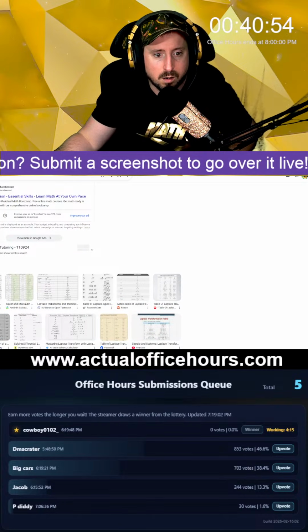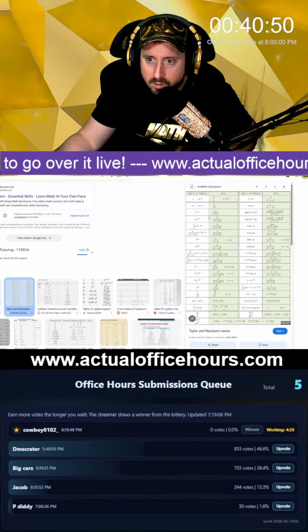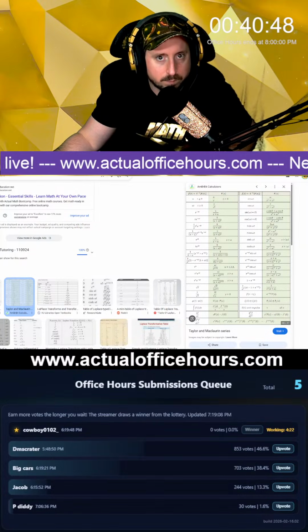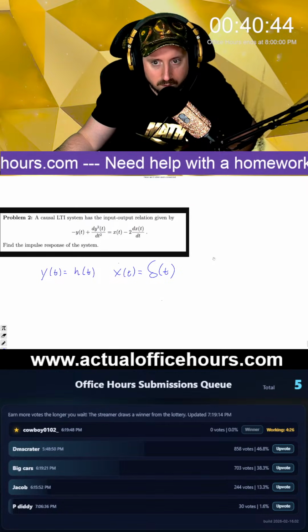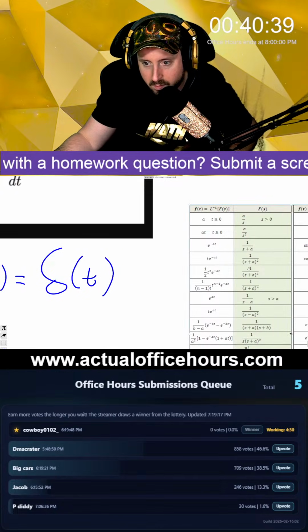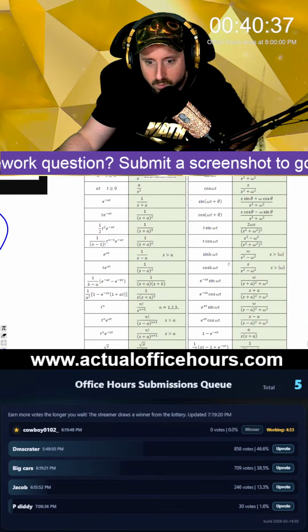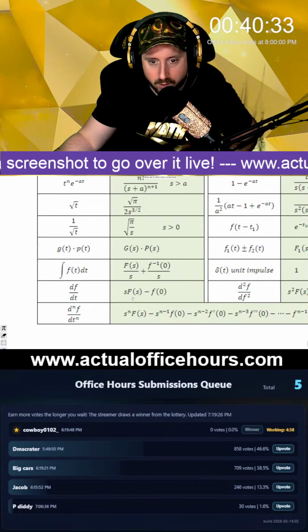Well, I want one of these nice tables. Yeah, I feel like this is the one I want. Yeah, but there's something for the derivative one, right? Wait. How do you do? Oh, here we go. This is it. Right. Okay.